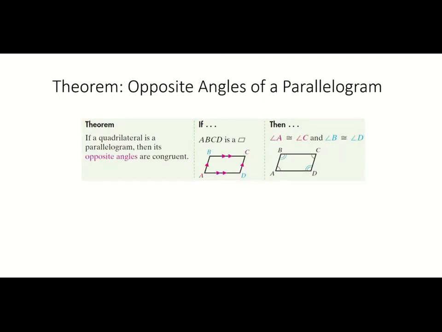While opposite sides of a parallelogram are congruent, also opposite angles are congruent. So here angle B is congruent to angle D, and angle C and angle A are congruent to each other. So again, opposite angles are congruent.